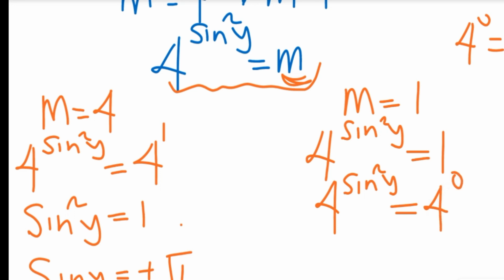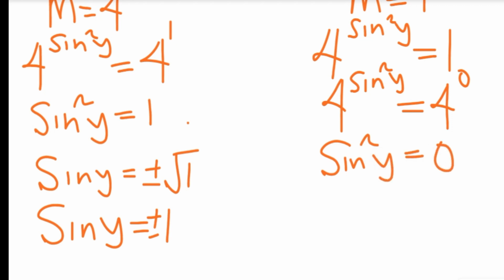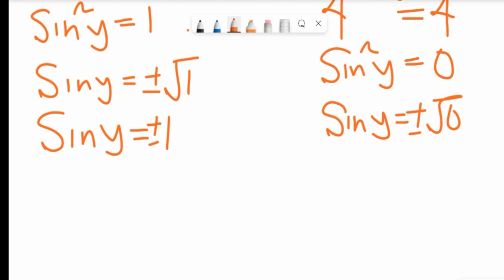Since they have a common base, the powers can equate. So we'll have sine square y equal to 0. Square root both sides to clear the square, and we'll have sine y equal to plus or minus square root of 0. The square root of 0 still remains 0. So our sine y is equal to 0.